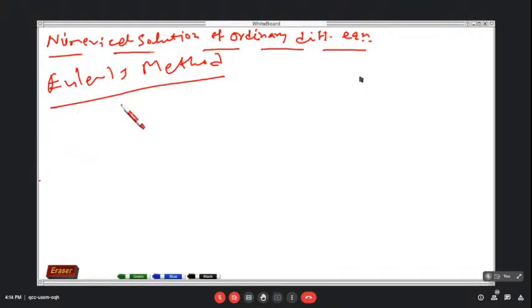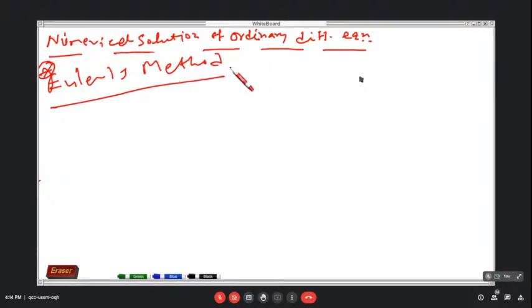Before that, in all these methods you have to have some initial conditions. That's why these are all initial value problems.